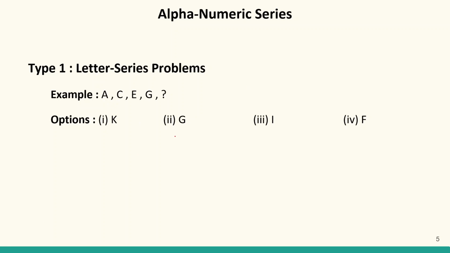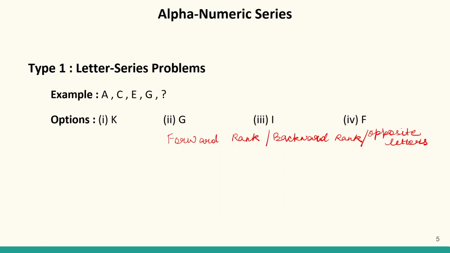But before we start this, there are concepts that you should know. Number one is forward rank, and backward rank. These concepts come in handy when we have to solve questions regarding letter series problems. So first let me write: A, B, C, D. These are the alphabets.